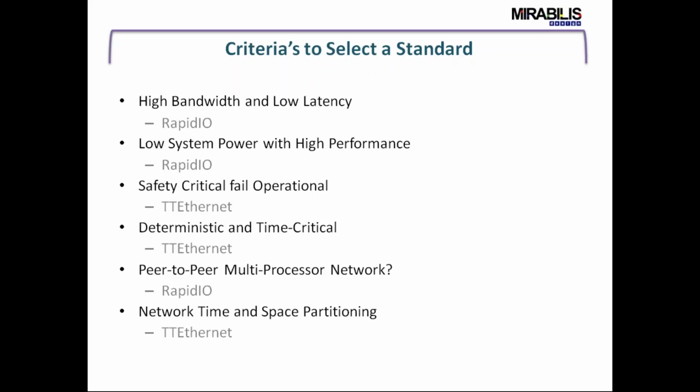And these criteria are almost difficult to judge by just looking at the specification, and it requires careful evaluation, and also a proof of concept for making sure that the system that you have provides high bandwidth with low latency. And these requirements may not just depend on the interconnect technology that you are using, but may also depend on the subsystem that you are using around it.